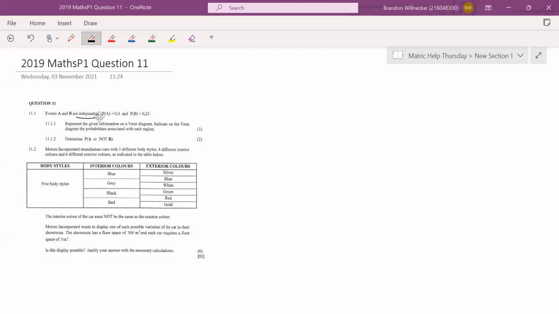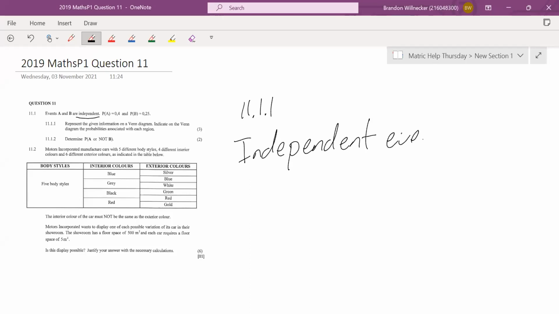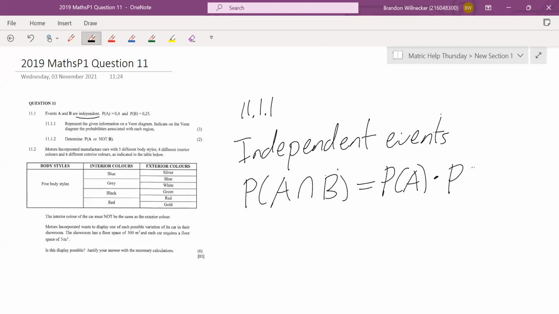Okay, so let's just make a little note here. 11.1.1, independent events. So what does it mean for two events to be independent? We have that the probability of A and B is equal to the probability of A times the probability of B. So the "and" between the A and the B becomes multiplying on the right-hand side.